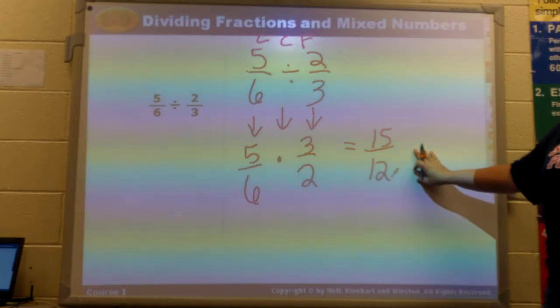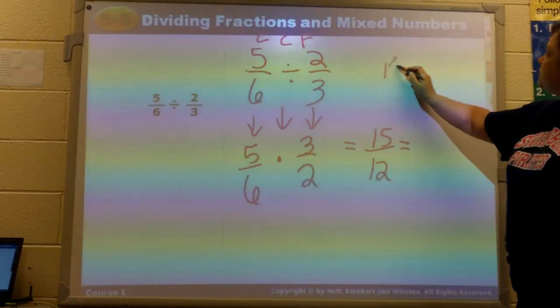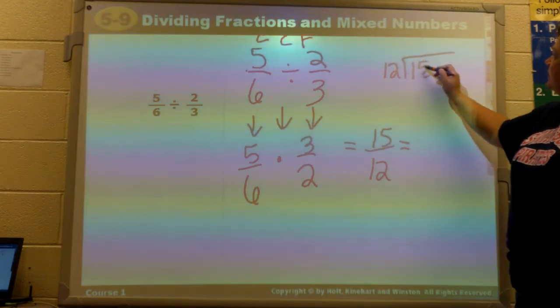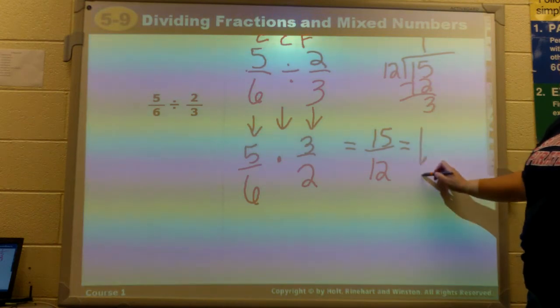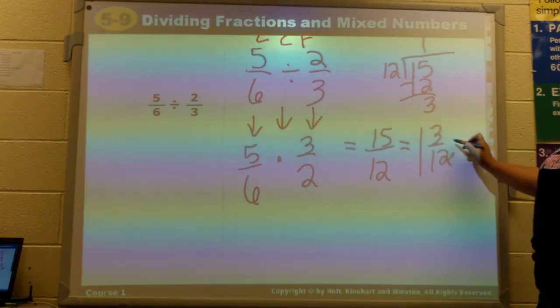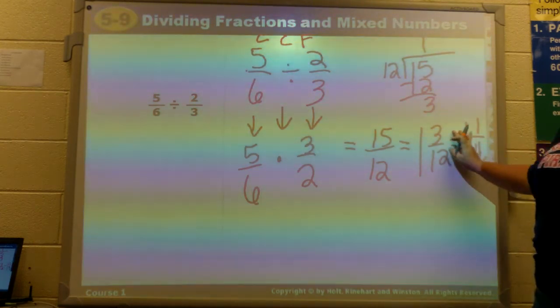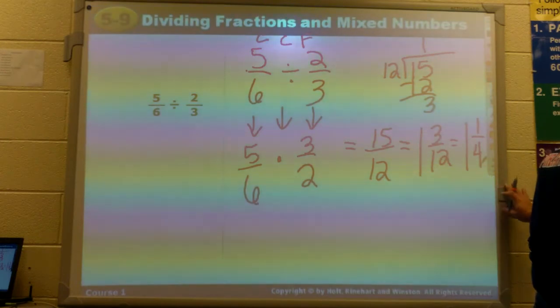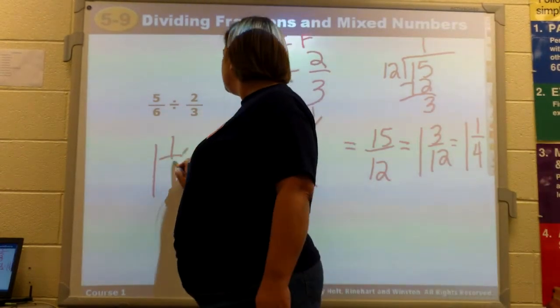I do have an improper fraction, so I need to make that a mixed number. So I divide 12 into 15, goes one whole time, with 3 left over. So 1 and 3/12, keep the denominator the same, equals 1 and 1/4 in simplest form. To reduce that, you just simplify it down to the smallest terms. So 1 and 1/4.